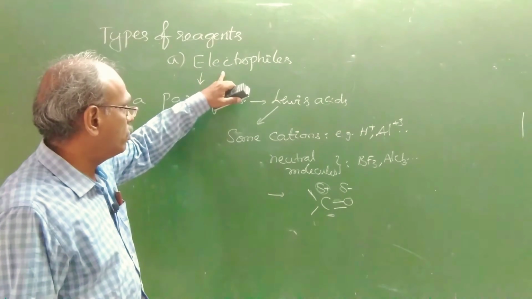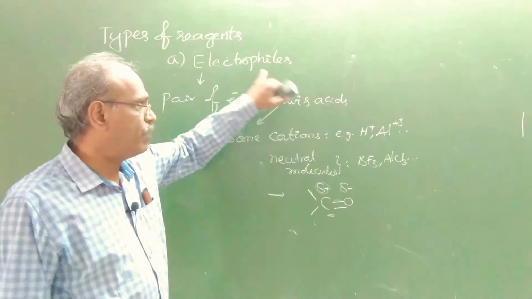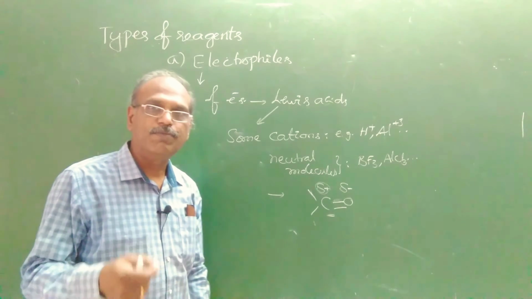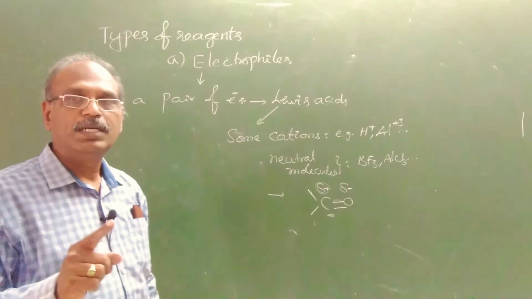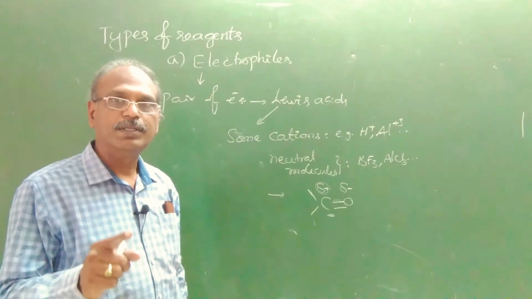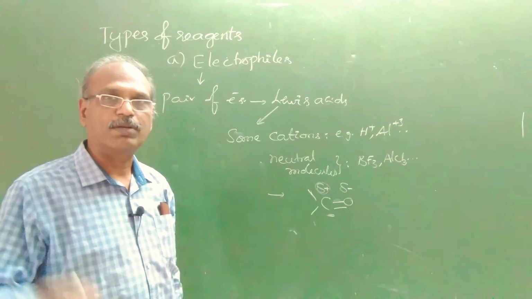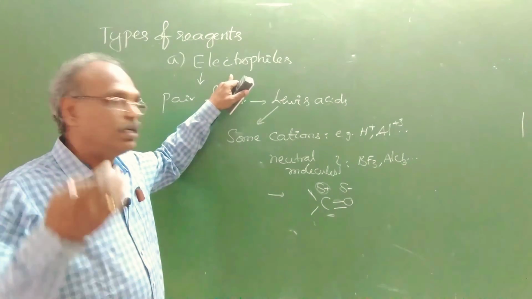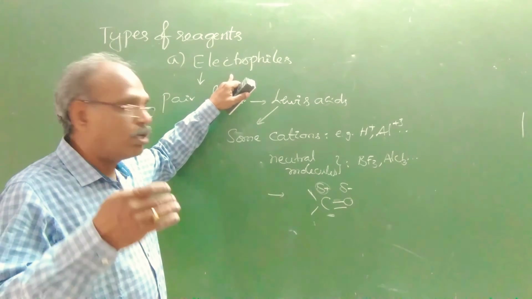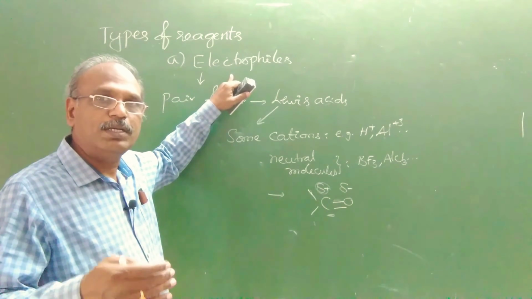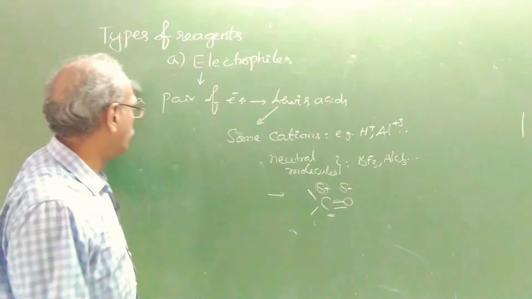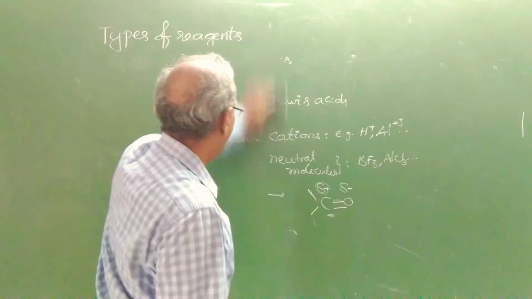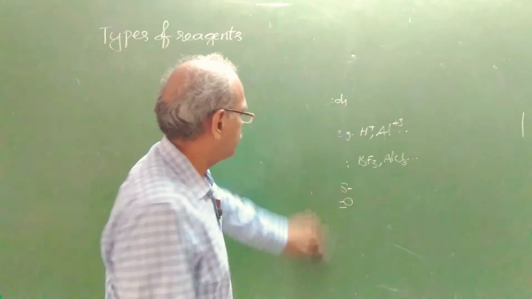So, in general, electrophiles are defined as electron loving agents, but remember, it is defined with respect to a pair of electrons. Electrophile is an electron pair accepting reagent. Okay, so in that way we can define electrophiles.